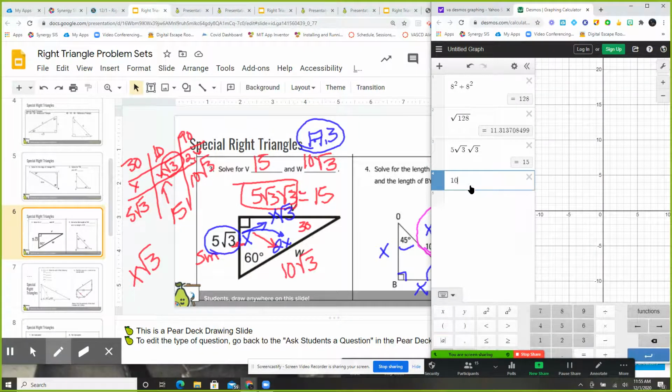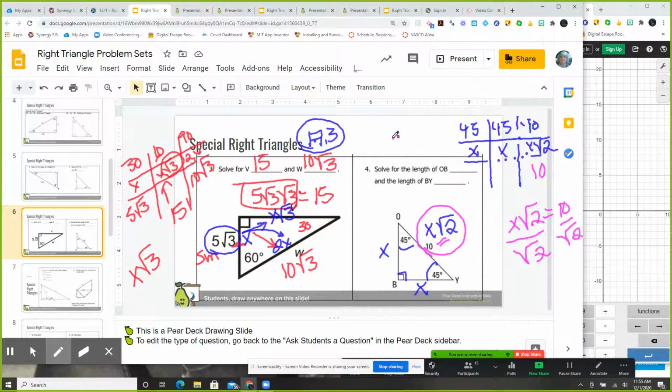So go to your calculator, 10 divided by square root of 2, and we get 7.07. So those cross out, and we get X equals 7.07. That's my answer, 7.07 and 7.07.